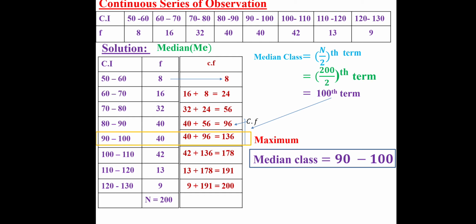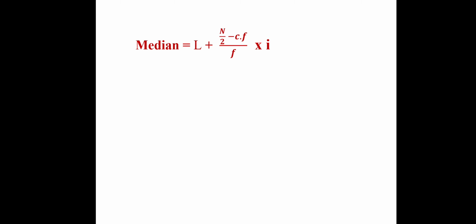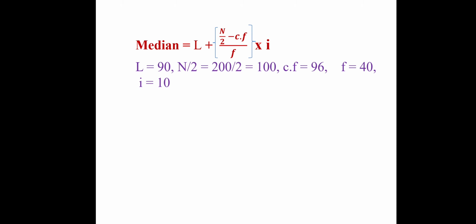Next we need to find out the mode. Here, before going to that formula, you can substitute the L value, n by 2 value, CF value and I value. L equals 90, as previously explained. N by 2 equals 100, CF equals 96, F equals 40, I equals 10.